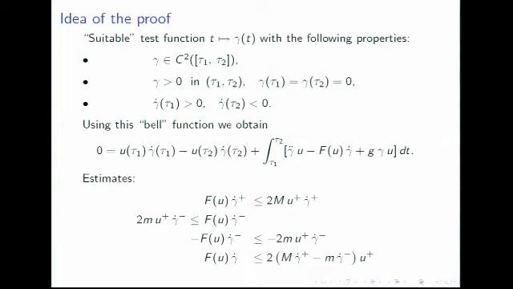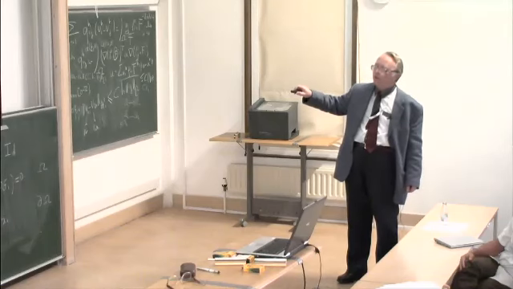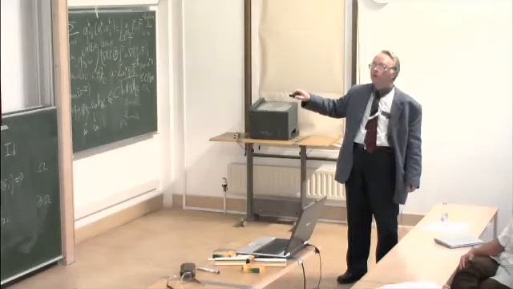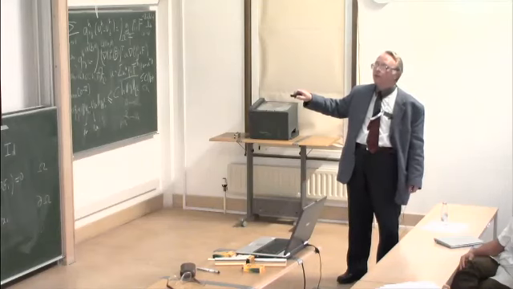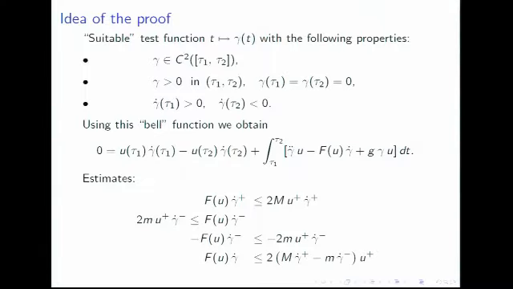The second inequality is the same as the third inequality, and the first and the third inequality together give the following inequality: capital F of u dot gamma is less or equal to capital M dot gamma plus minus m dot gamma minus u plus.